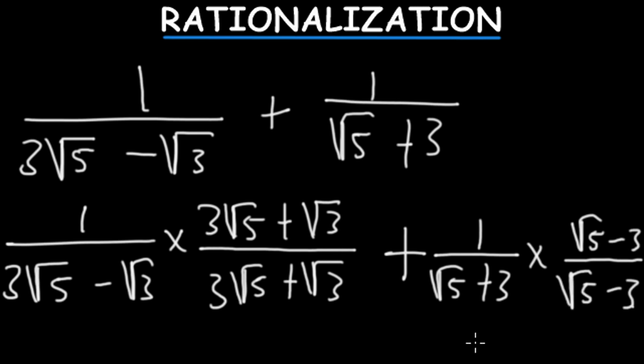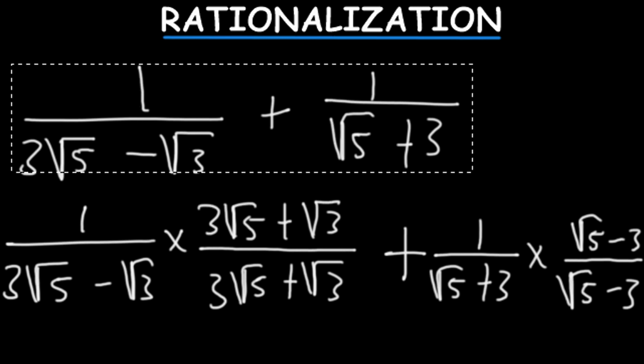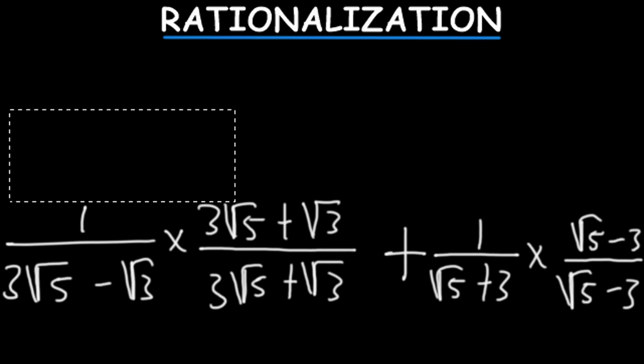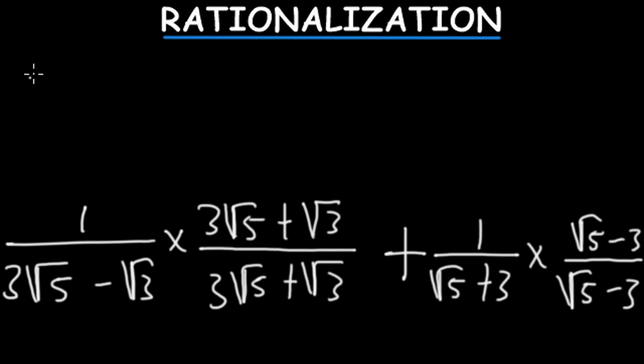So the next thing we need to do is to expand. That is, you should multiply them with each other. So 1 times 3 root 5 plus root 3 becomes 3 root 5 plus root 3.